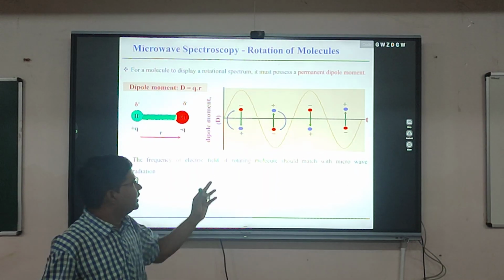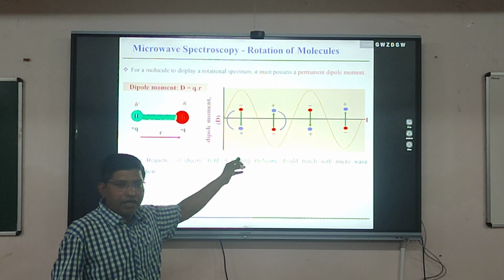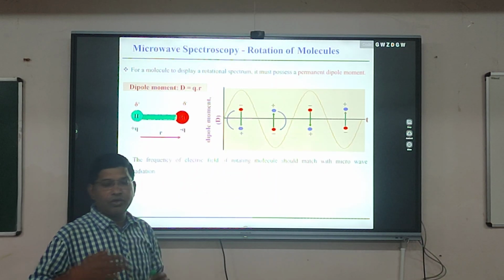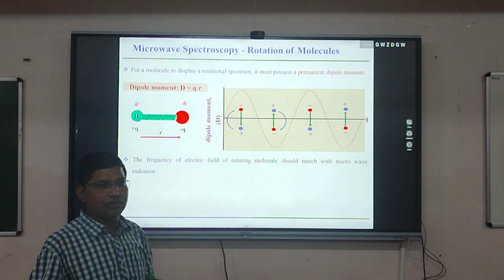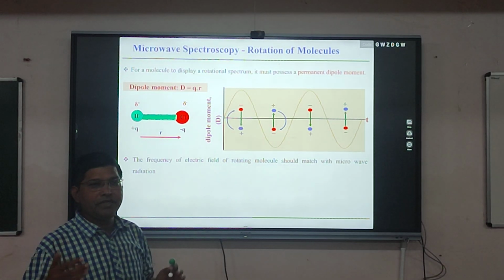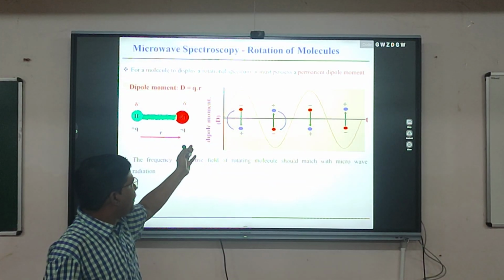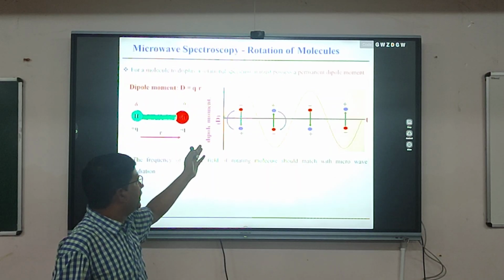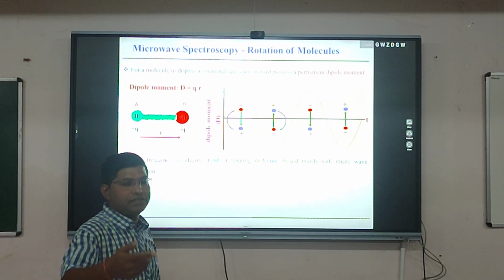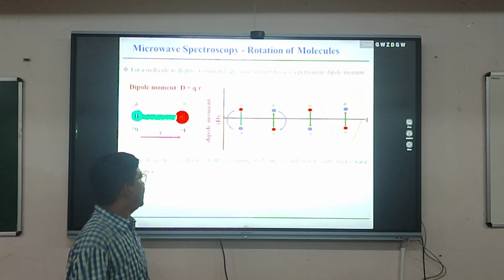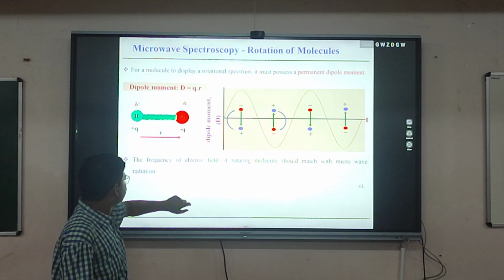Okay, then only we will get the microwave spectra or rotational spectra of a molecule. So we can say there should be compatibility between the electromagnetic radiation and the frequency produced by the rotating molecule.